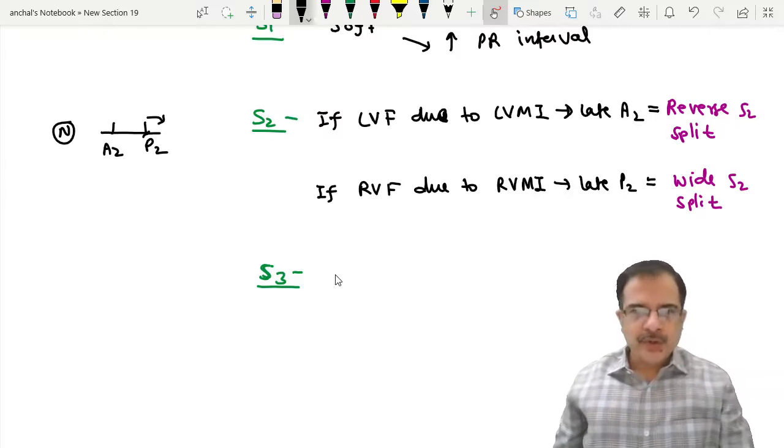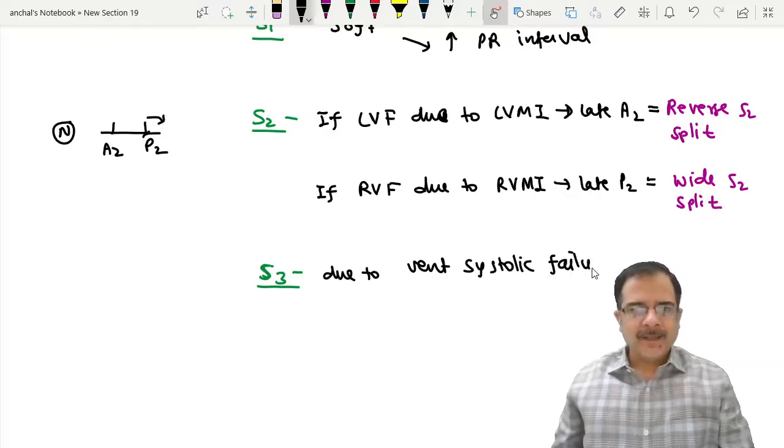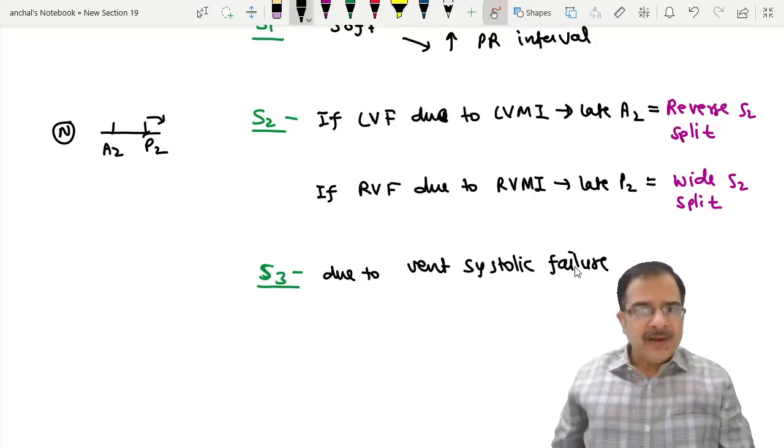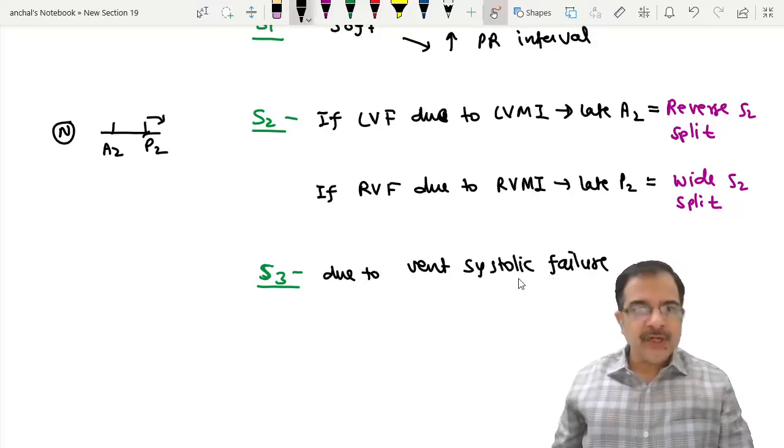So it is due to ventricle systolic failure, and ventricle systolic failure means a contraction defect.